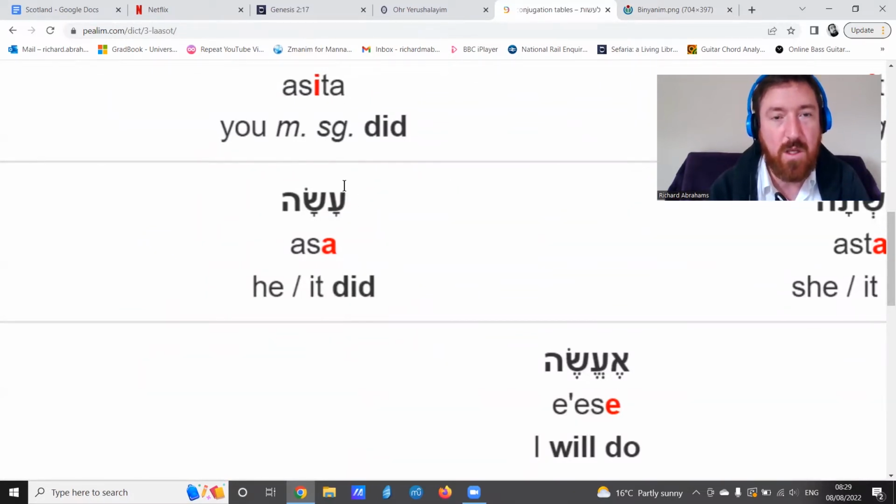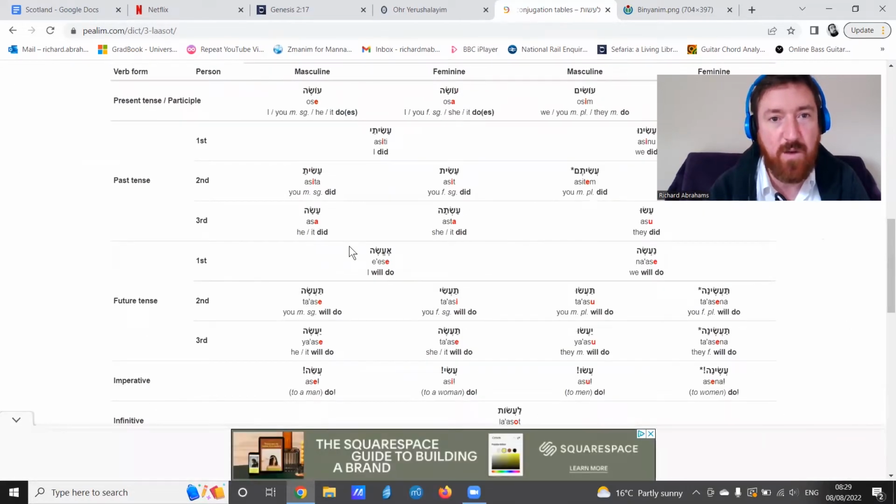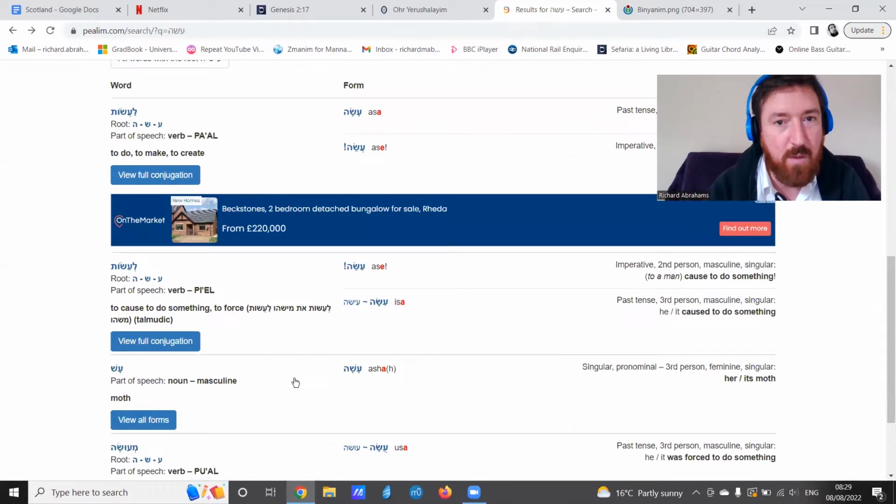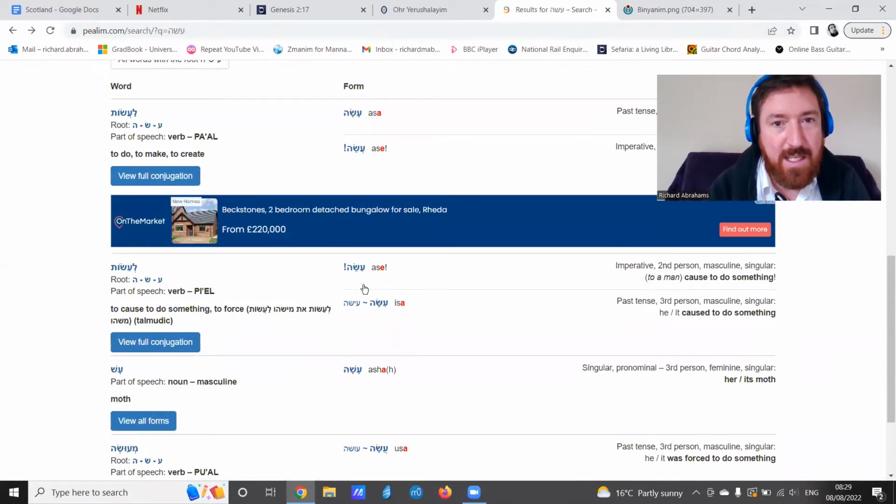In any of the versions of this verb, the one that gives its name to the branch is the 3rd person, past tense, masculine or neutral. So asa. Okay, well, let's go back into a different version of the verb, right? Let's take, for example, the asay or the isa.